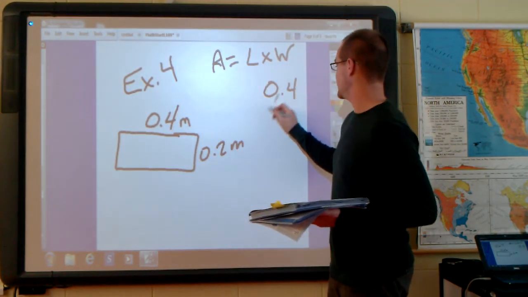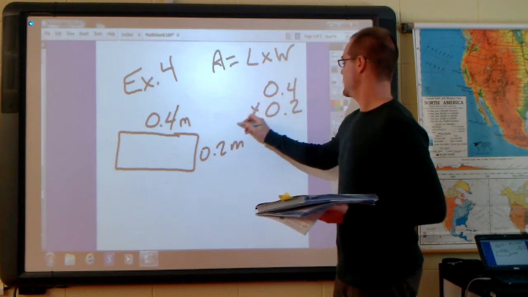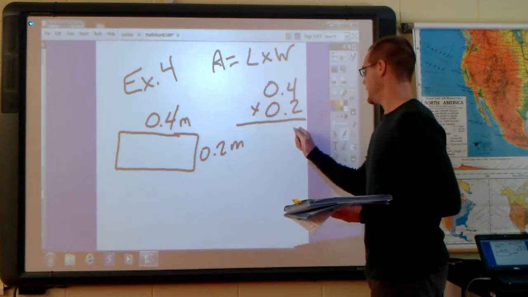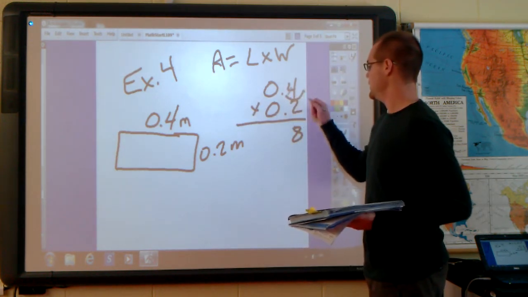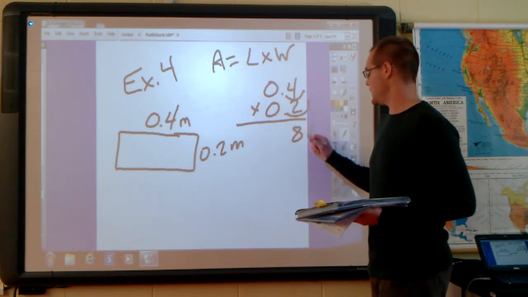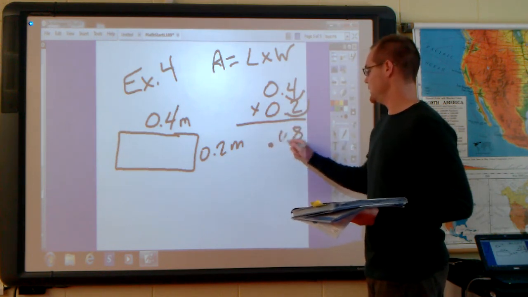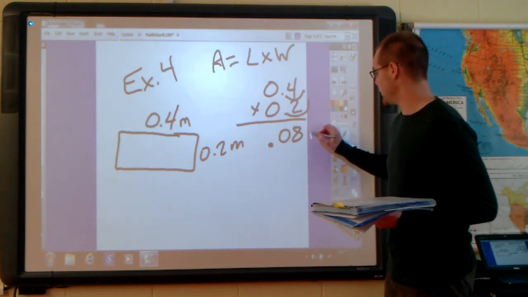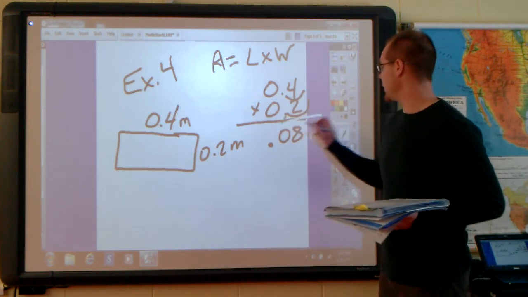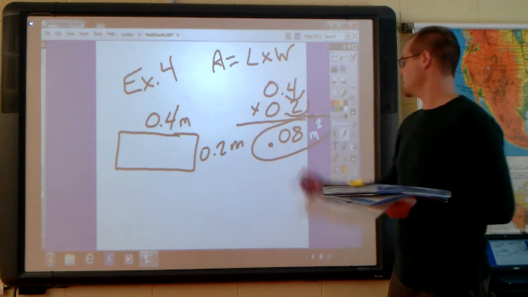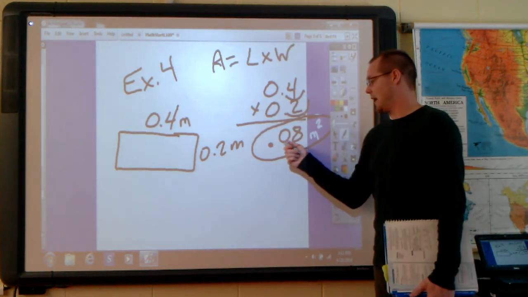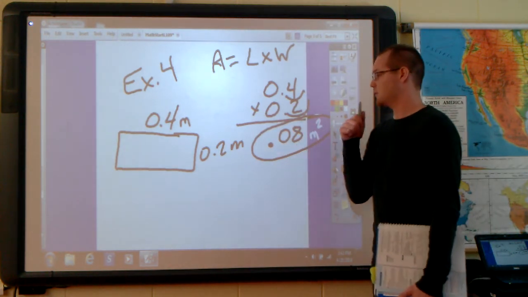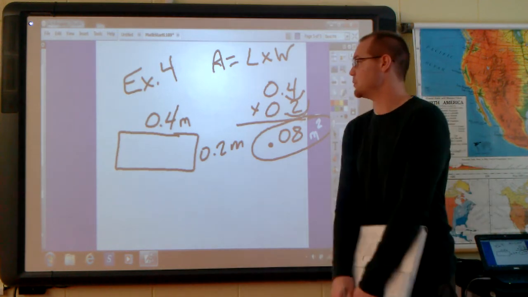My width is 2/10. I multiply those two together and I get 8. I have 2 decimal places. I move my decimal over 2 places, placing a 0 here. My label is meters squared, because of course this is area. So we have 8/100 meters squared for an answer for example number 4.